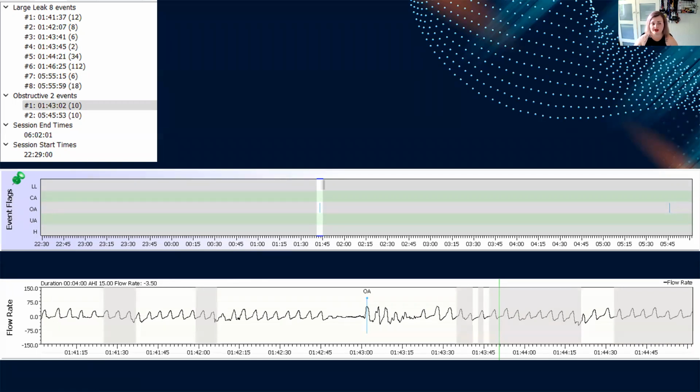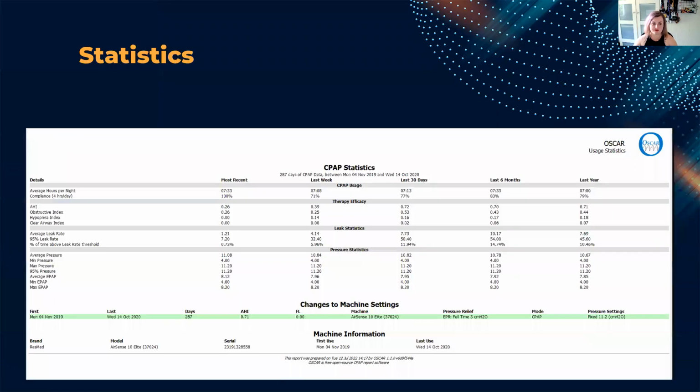We have some obstructive events that have taken place. So this tells you when something has happened, and whether the machine has responded appropriately. And you can correlate these things around the device. So it's a very nice way of visualizing the information. And as a patient, understanding your treatment and understanding whether or not you are improving and being clinically supported as you should.